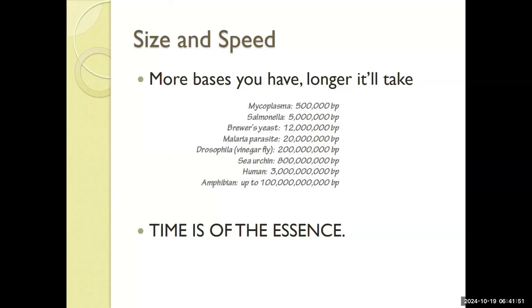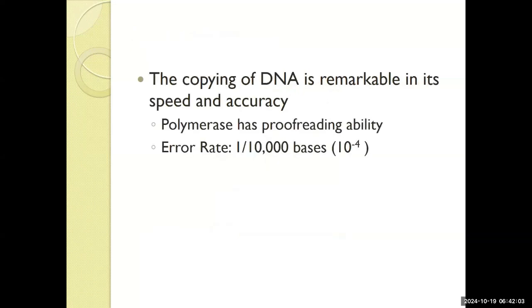And for the DNA to be copied and exposed, the longer that takes, the more likely damage might occur. So there's a trade-off here. The copying of DNA must be remarkable in its speed, and there must be mechanisms in place to help proofread to ensure accuracy. It's not perfect, but the error rate is small, an error roughly 1 in every 10,000 bases.